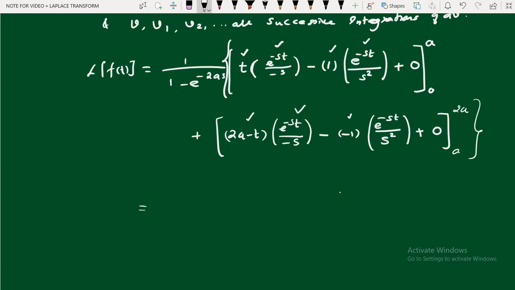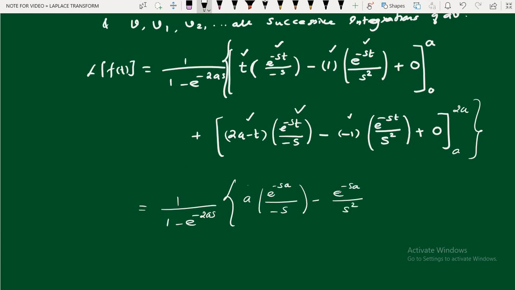Therefore this implies 1 by 1 minus e power minus 2as. First apply the limits to t here. Upper limit is a in the first term. Wherever t, apply a, so you can get a e power minus sa divided by minus s, then minus e power minus sa divided by s square.